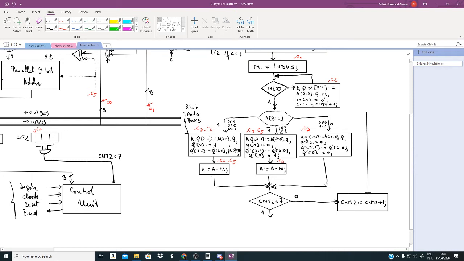I still don't know how to draw these damn things.